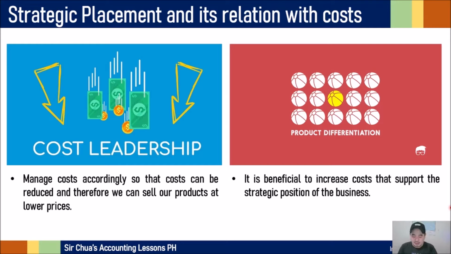So now, I hope you are understanding how strategic cost management works, no? So hindi na lang siya basta, okay, we need to lower down our cost because we need to be the lowest price in the market. It's not always like that. If the increase in cost would support your strategy of being product unique or product uniqueness in the market, then if it's beneficial for your strategic position, then you can increase your cost as well.